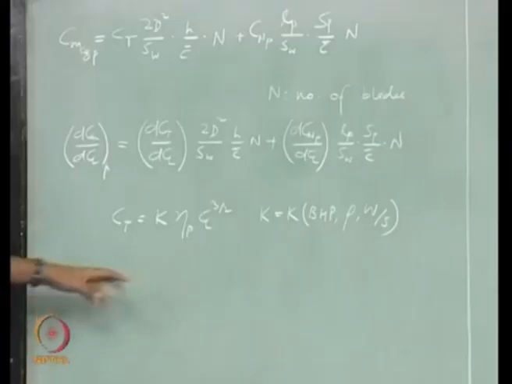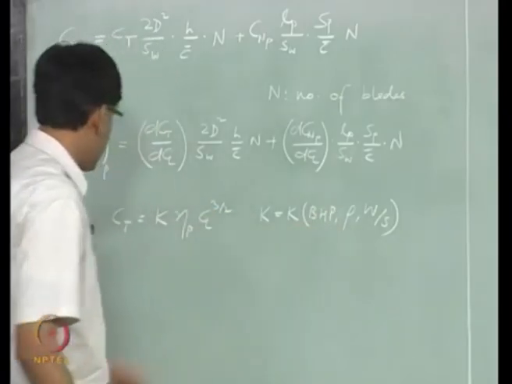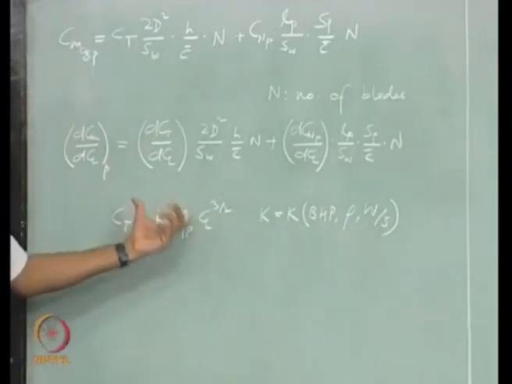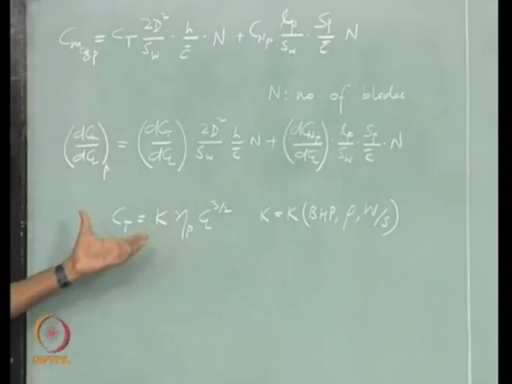So this K is a function of these three parameters, and you can write CT. Remember, this is only an estimate, okay. If you want to find exact values of these quantities, then you have to put your aircraft in the wind tunnel and make measurements.